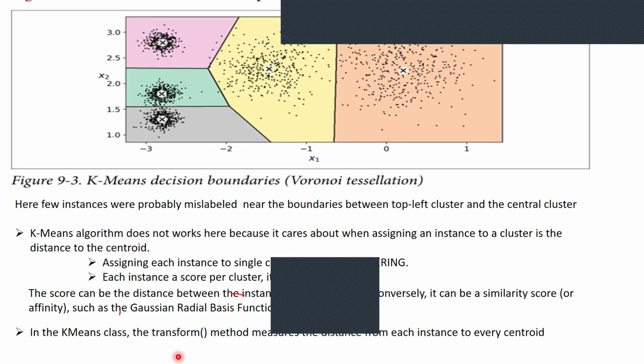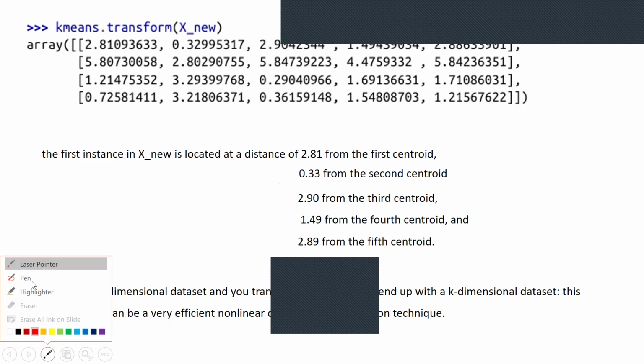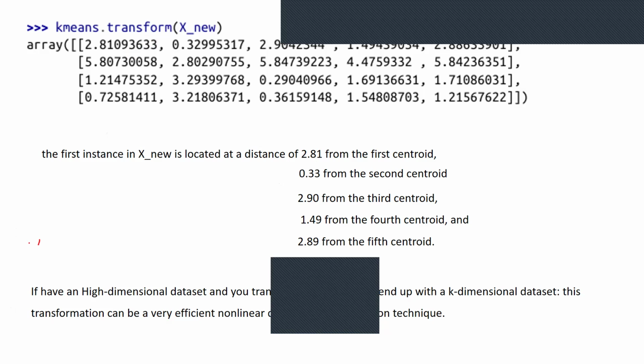What is this function? It is the transform method. By using the transform method, we find the distance, and it also does dimensionality reduction for the clustering we have seen now. Let us see K-means transform. The original data was two-dimensional, in x1 and x2.